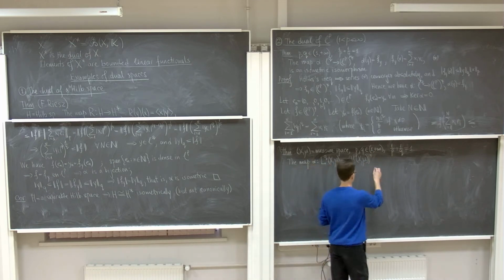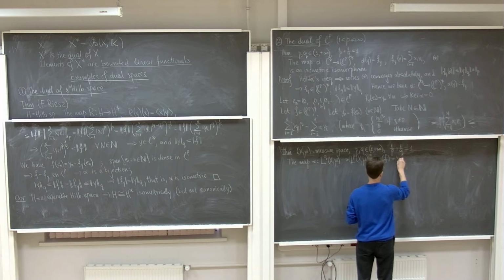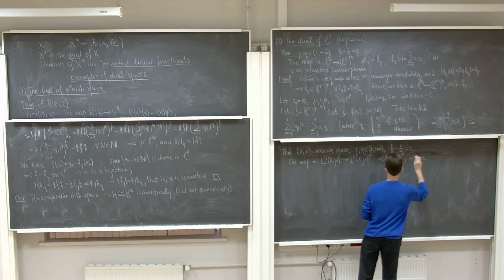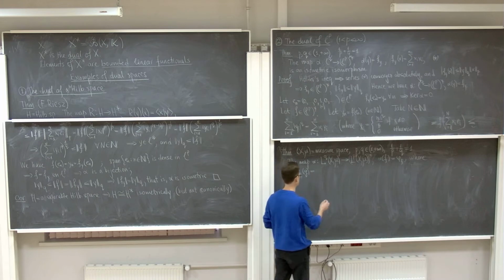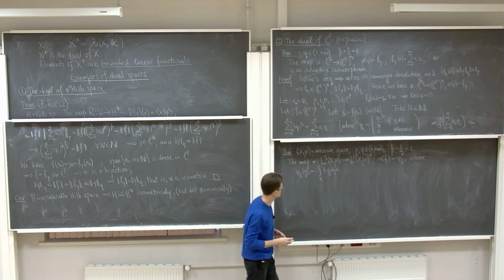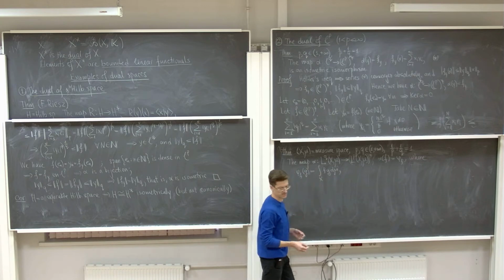Given by the following formula, it takes each function f in LQ to the linear function phi f, where phi f takes little g, a function from LP, to the integral of their product. And I claim that this map alpha is an isometric isomorphism.